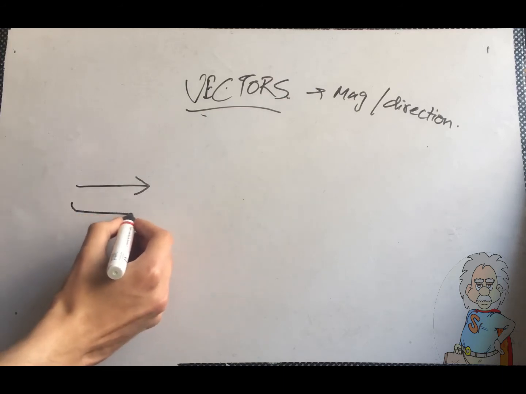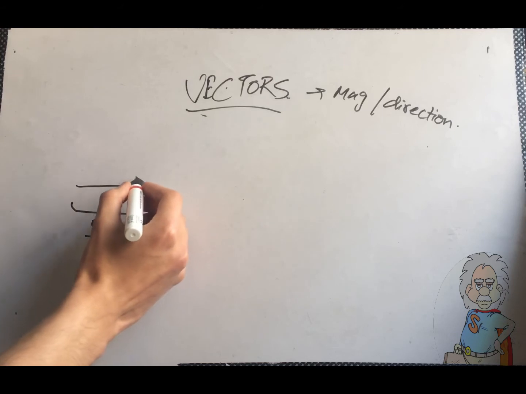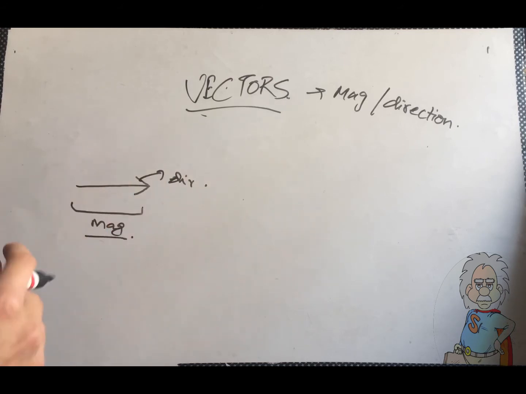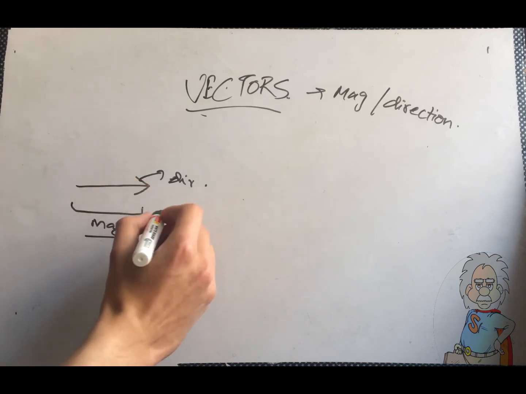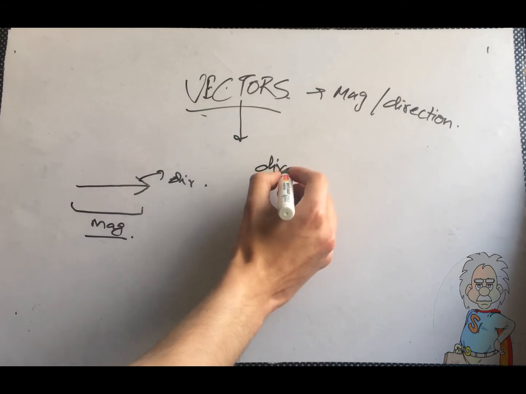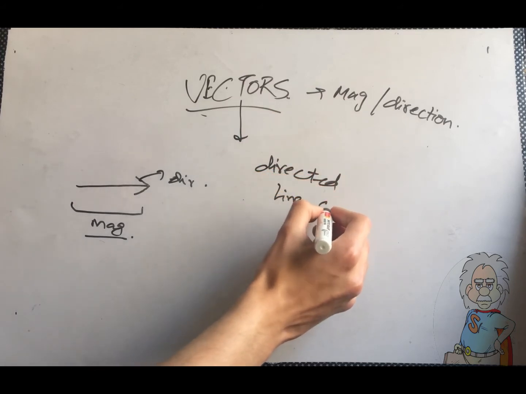This part is the magnitude, and this over here represents the direction. So this is the magnitude of the vector and this is the direction of the vector, right? This was about the representation of the vector. So we can say that a vector is a directed line segment.